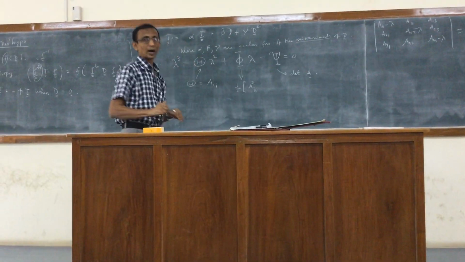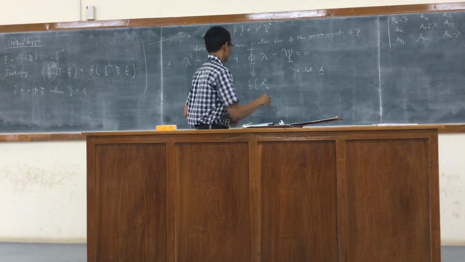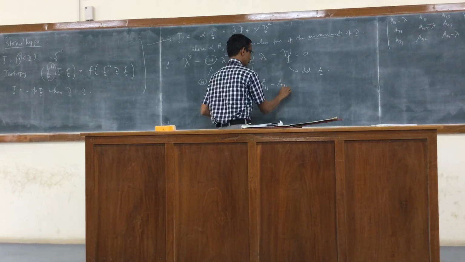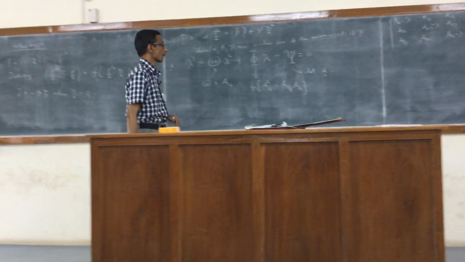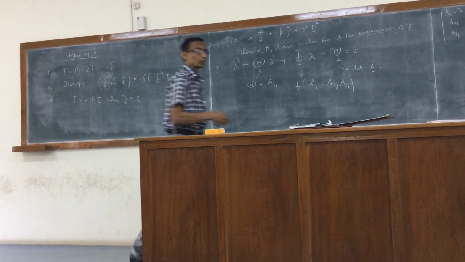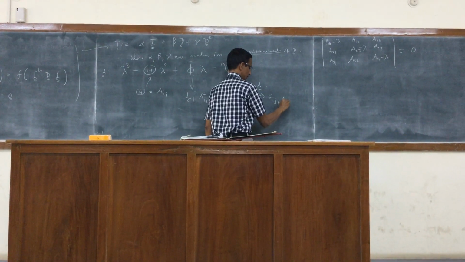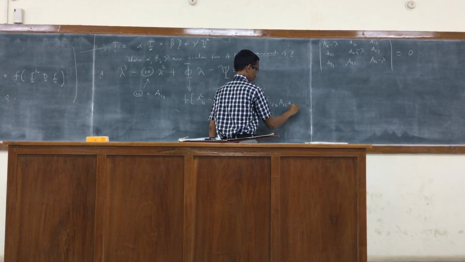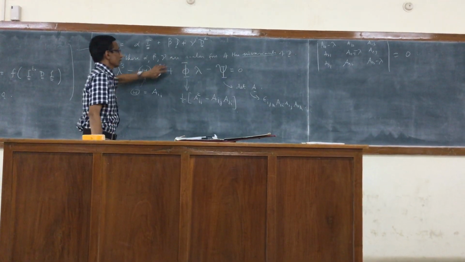I might have missed out the half factor if at all I wrote it in the last class, but it can be written compactly in this way. We of course know how to write the determinant, also can be written as, so these are what I mean by the invariants.